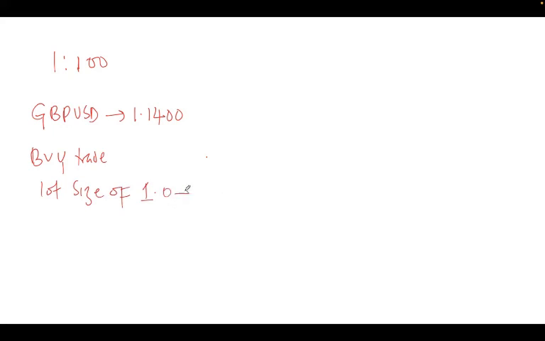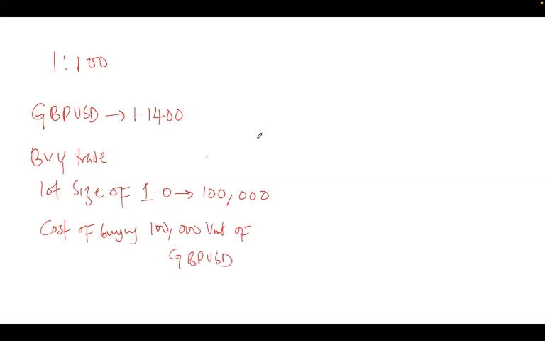Do not forget that 1.0 is a standard lot. The moment you choose 1.0, you're telling the broker that you want to buy 100,000 units of GBP USD.